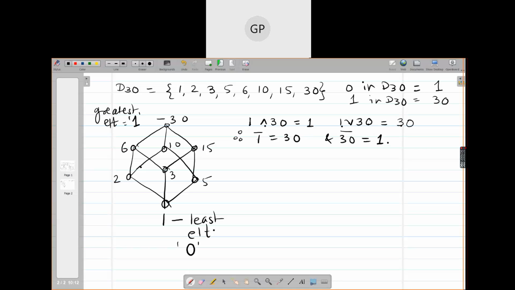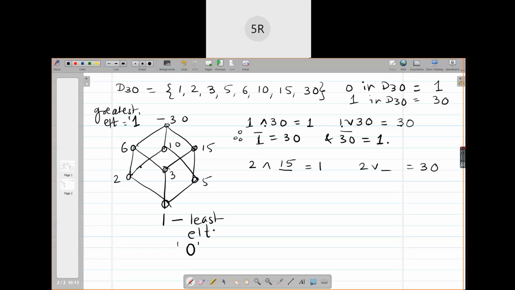Now tell me 2 का. 2 के साथ बताओ ऐसा किसका हो रहा है कि to meet वो element should be 1 and to join that element should be 30. 15, correct. 2 और 15 में कुछ कनेक्शन नहीं है.